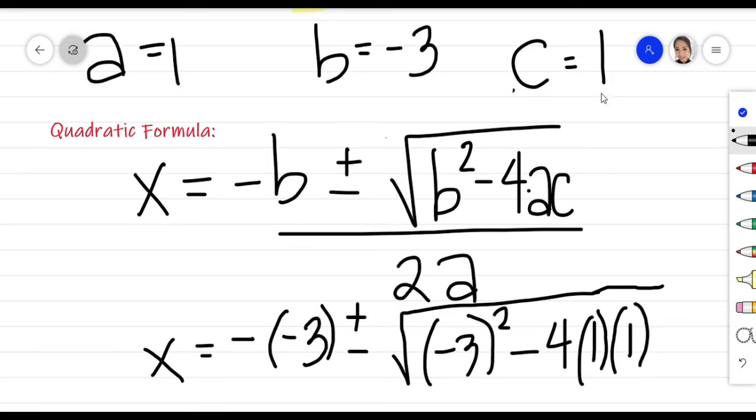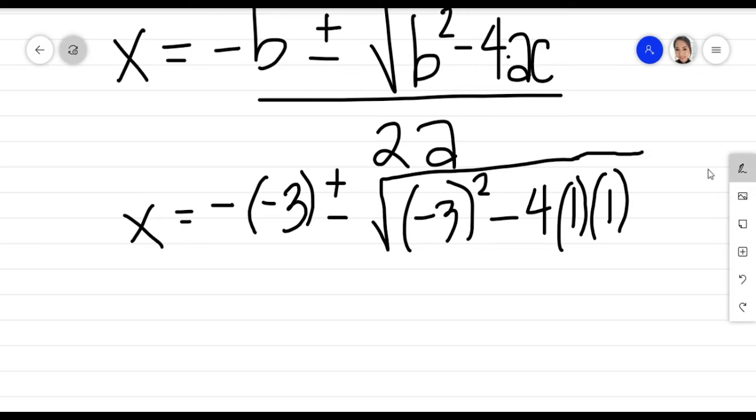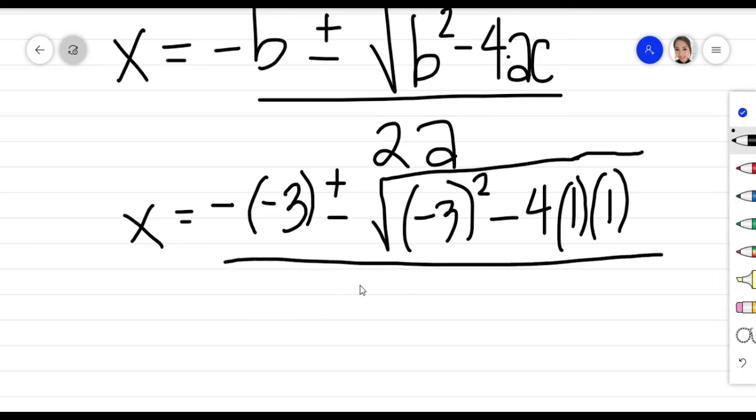Our c is 1. Then all over 2a. Our a is 1.